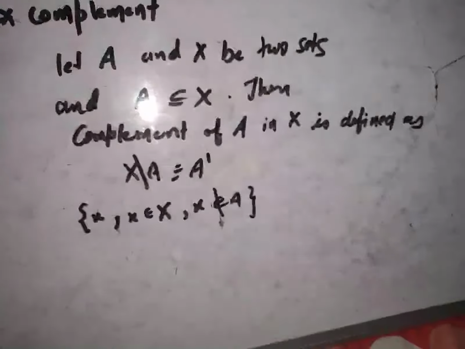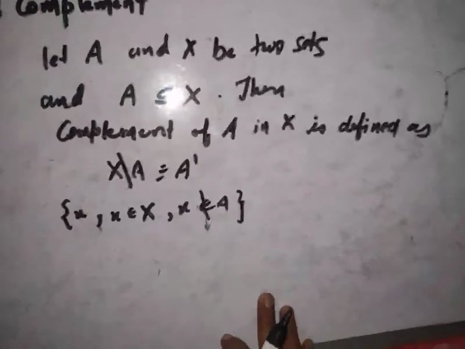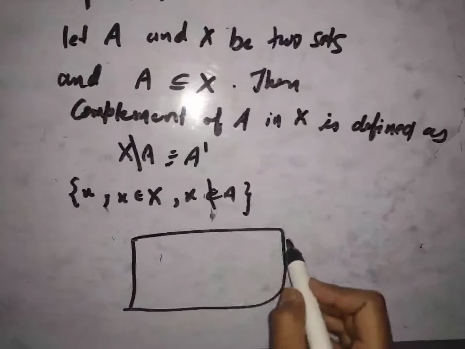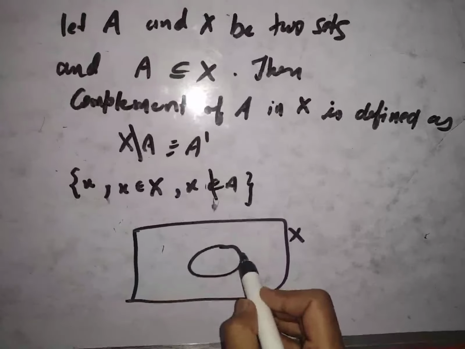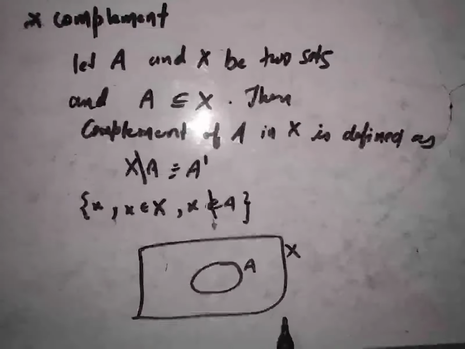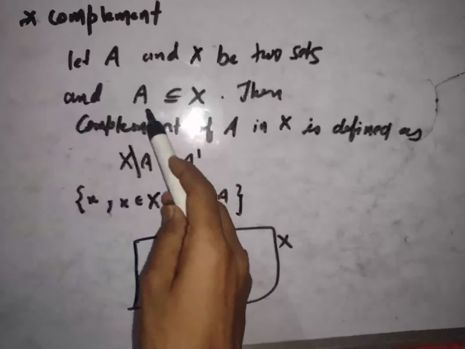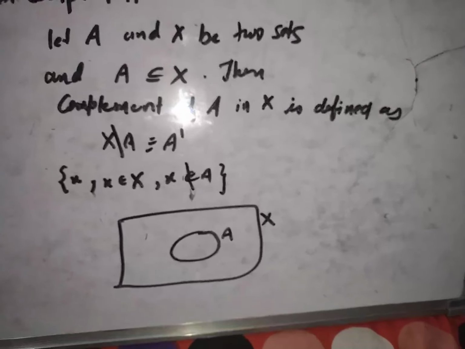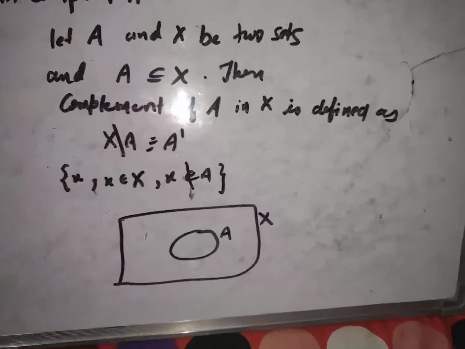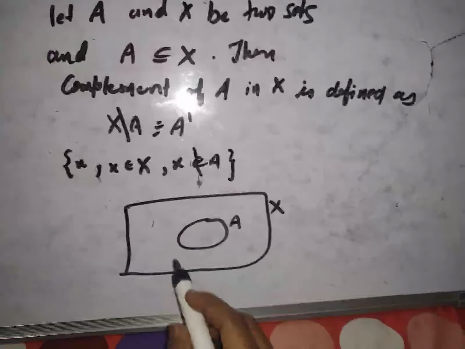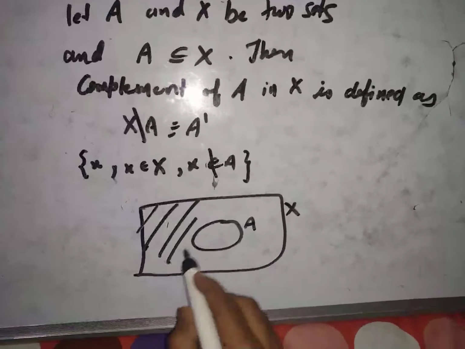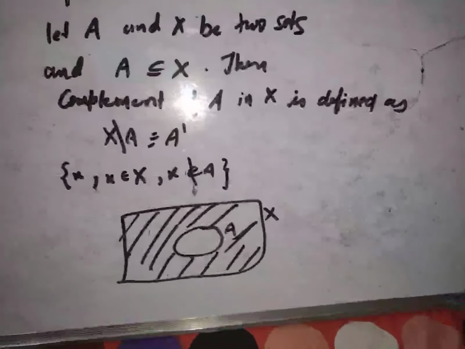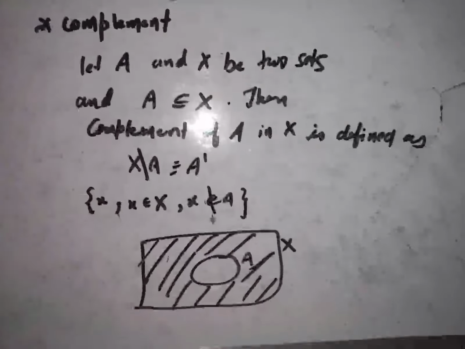Now let's understand it with the help of a diagram. That is even, I think, easier to understand. So let's call this set X and this set A. Then we are asking for the complement of A in set X. So it simply means that we are asking for all the elements that are in X but not in A. So the complement of A in X is this, all the elements in X which are not in A. So that's how we define complement.